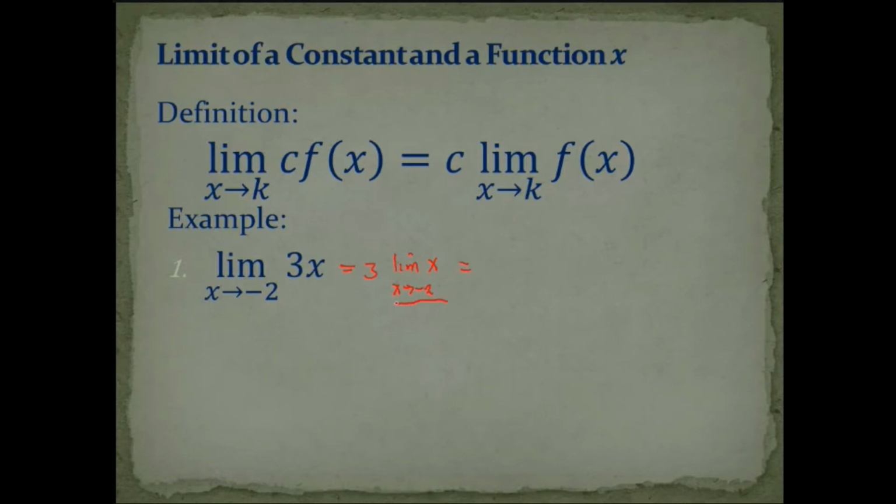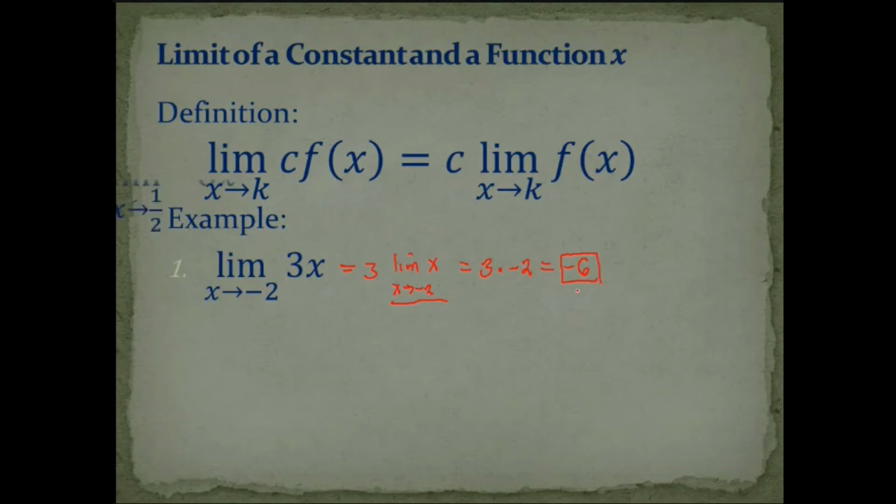Kung papansinin nyo, ito ay binalik natin sa pangalawang theorem, limit of a function x as x approaches a constant. So, syempre, you have to copy yung 3, then multiply that dun sa sagot dito. Remember, ang sagot dito ay negative 2. And then simplify. 3 times negative 2 is negative 6. At ito na po yung limit.